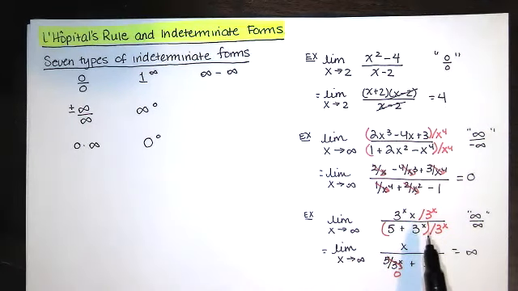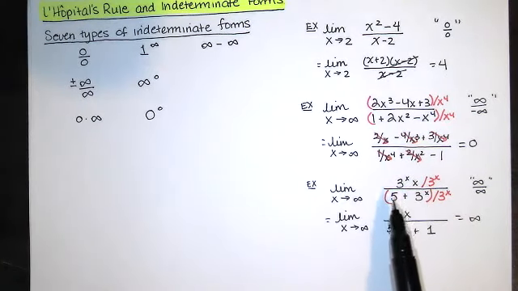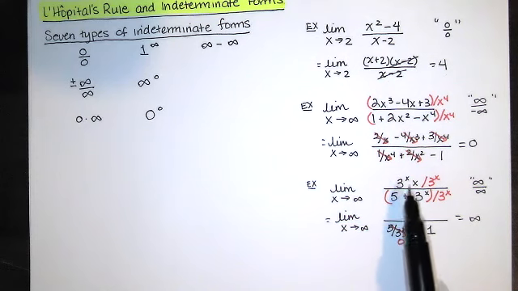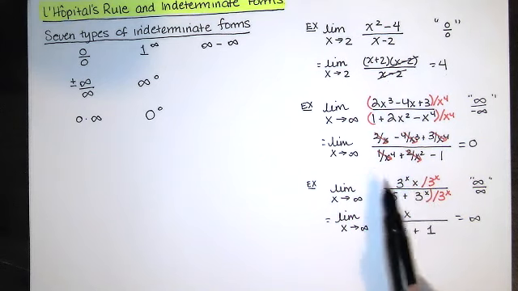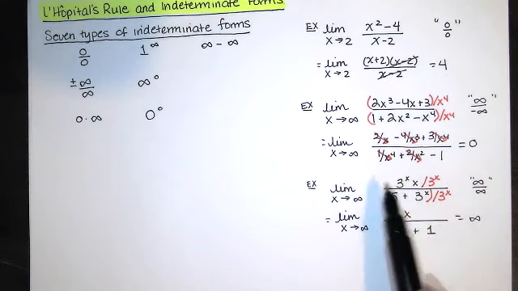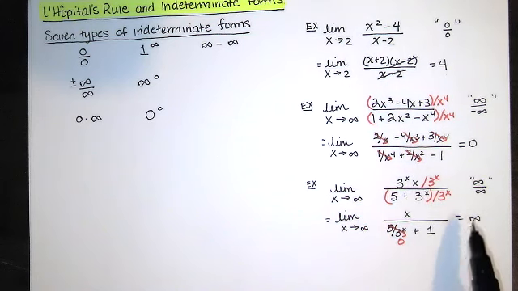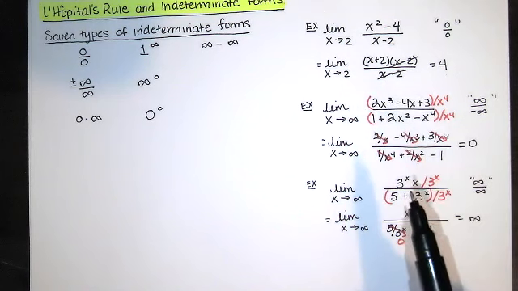So this is a case with an infinity over infinity indeterminate form, where the numerator went to infinity faster than the denominator. So this grows faster than this does, and since this gets to infinity before this does, we get infinity. If this goes to negative infinity before this does, we get 0.